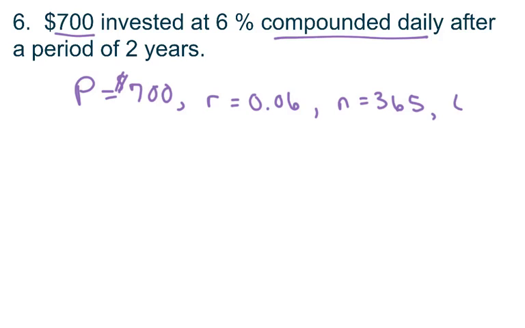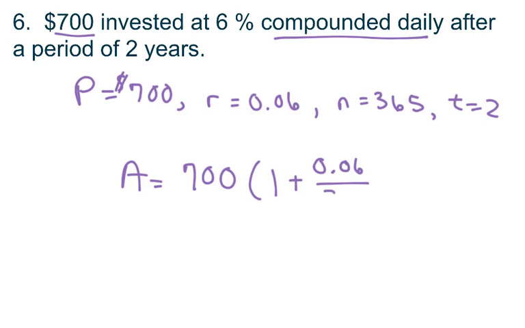And 2 years, so T is 2. So we have A equals 700 times 1 plus 0.06 over 365 to the power of 365 times 2, and this is approximately 789.24.